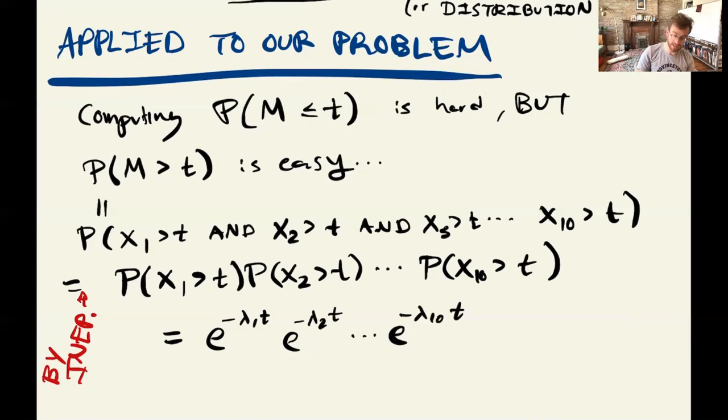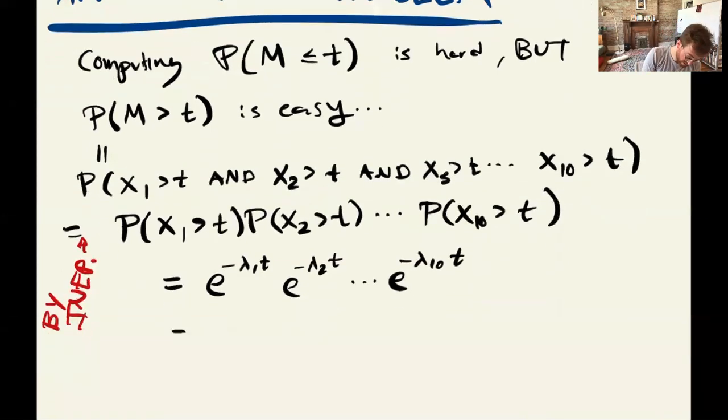Now, what is this? Well, this is the same thing as e to the minus (lambda 1 plus lambda 2 all the way up through lambda 10) t.